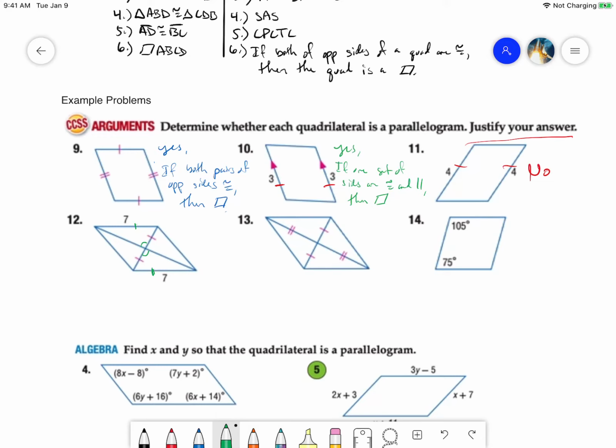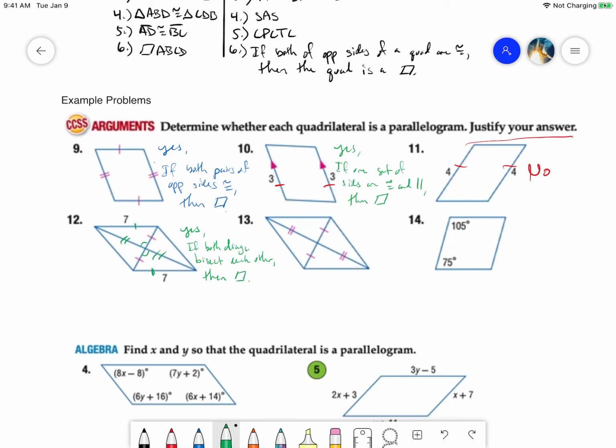So we can prove that this would indeed be a parallelogram, because by CPCTC this piece is congruent to this one. And we can say yes, if both diagonals bisect each other, which they do in this case, then parallelogram. So it is indeed a parallelogram.